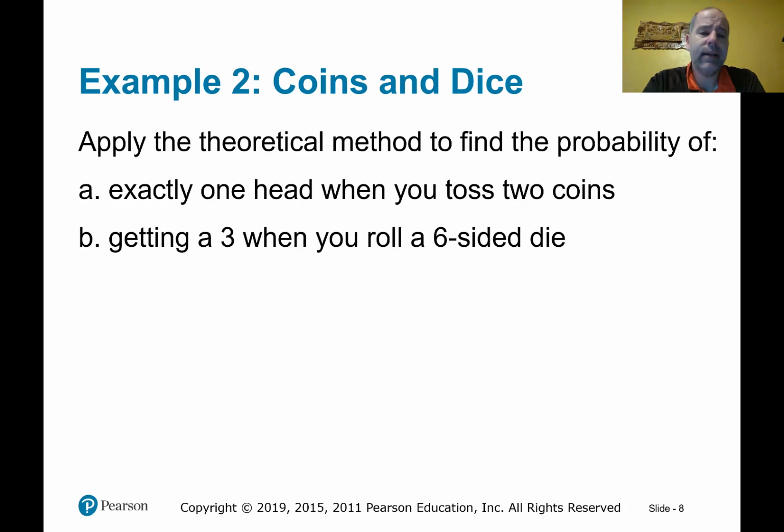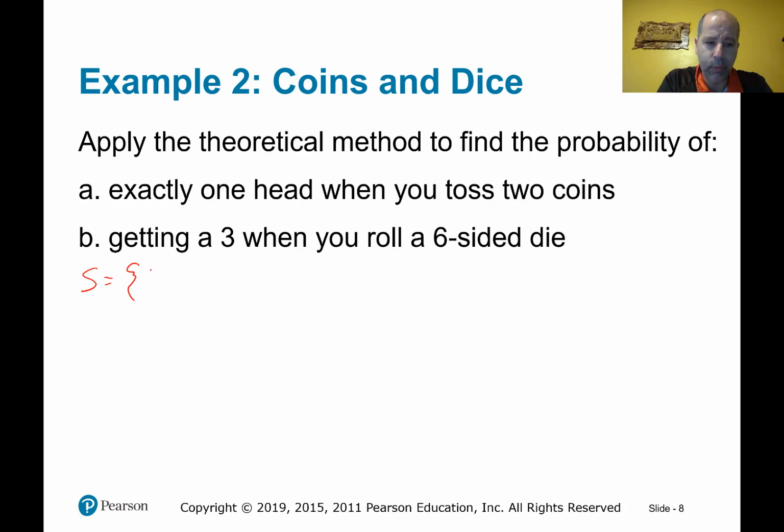Now let's look at an example and apply this definition of probability. We want to find the probability of exactly one head when you toss 2 coins. First, we write out the sample space, the total possible outcomes.